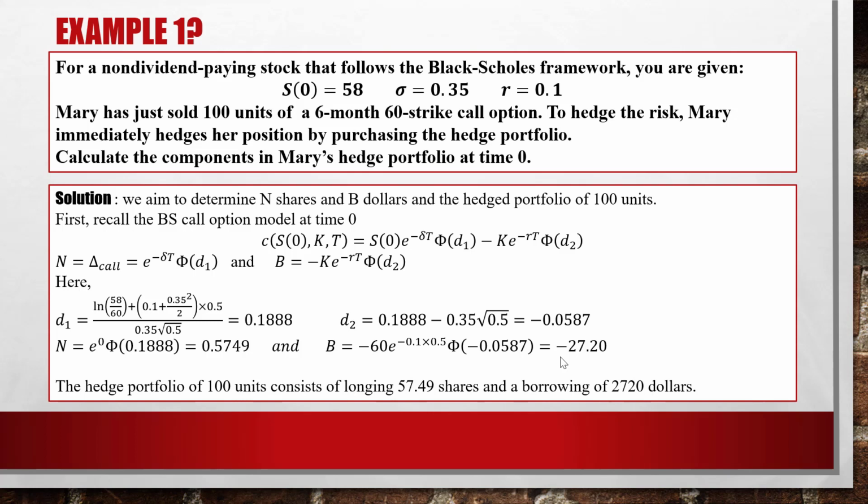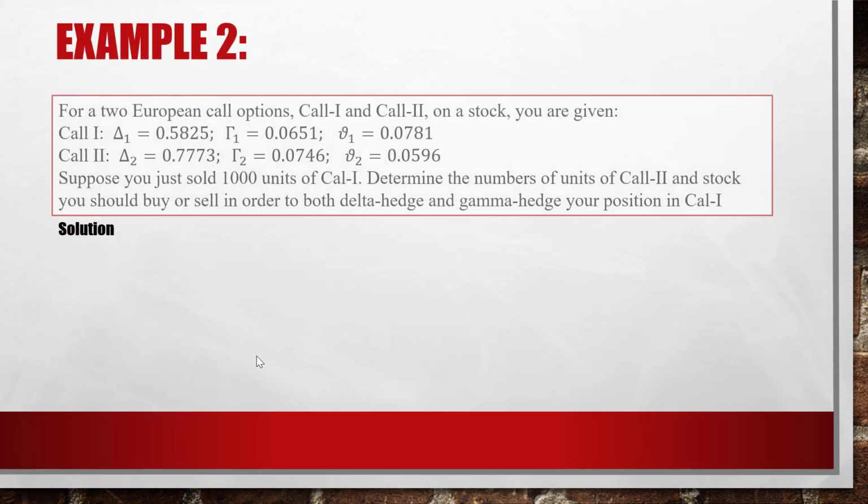So here, because we have 0.5749, which is a positive number, that means we are buying. And because we are buying, it should be longing. Buying is the same as longing, and selling is the same as borrowing or selling.